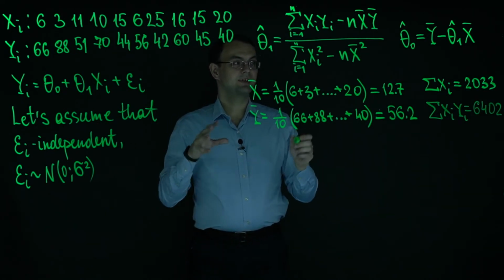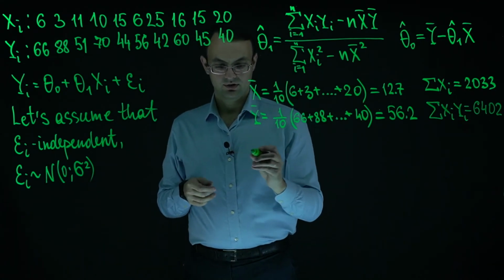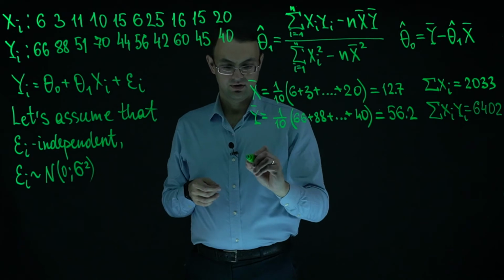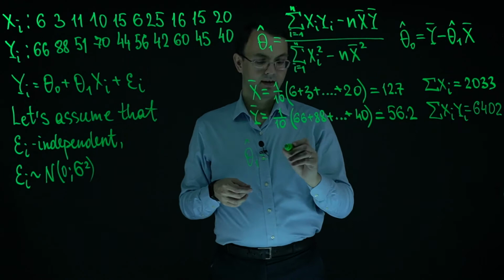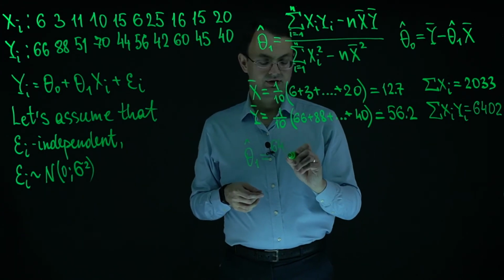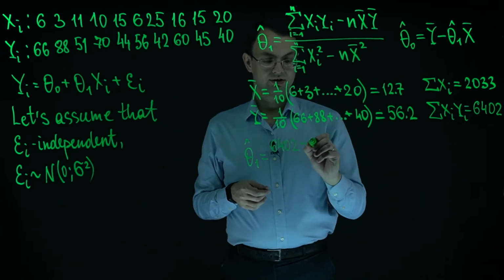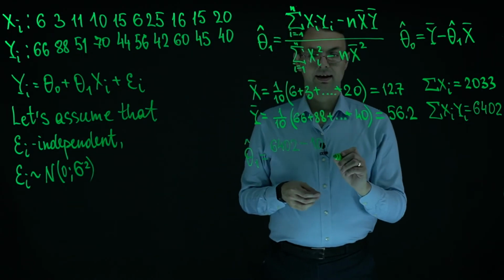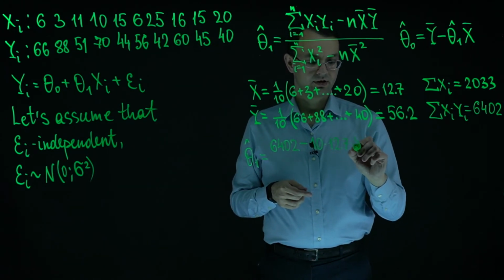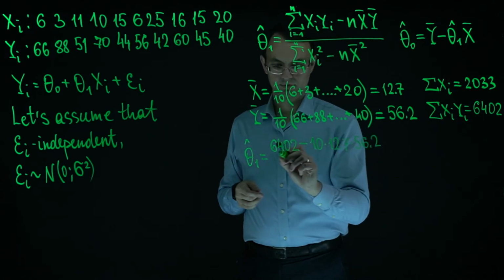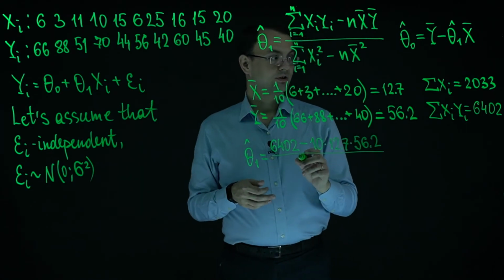After we have this, we can substitute into the formulas for thetas. So theta 1 hat is 6402 minus n, that is 10, times x bar, 12.7, times y bar, 56.2, divided by the sum of squared x's.